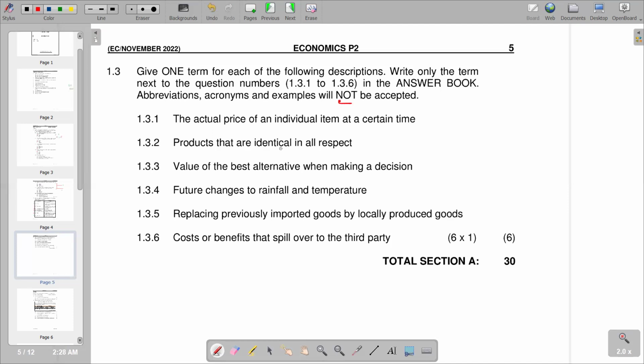They are not accepted. So on the first part of the question, 1.3.1, the actual price of an individual item at a certain time. We know that this is the nominal price. And products that are identical in all respects, we know that these are similar products that we call homogeneous products.